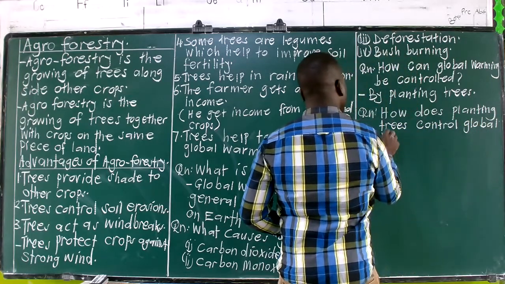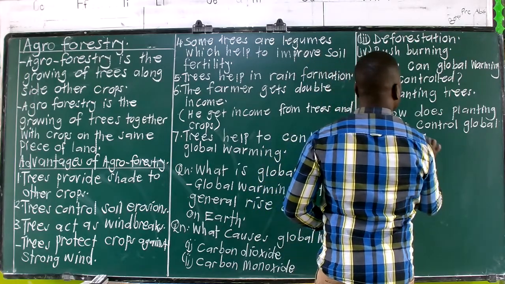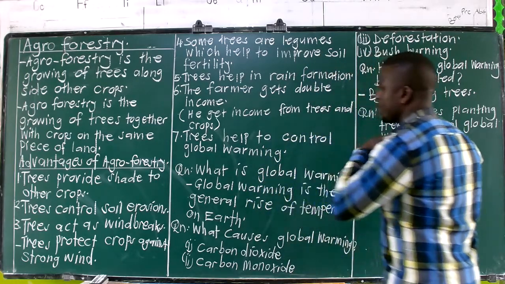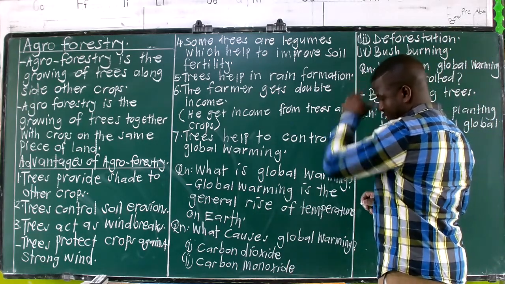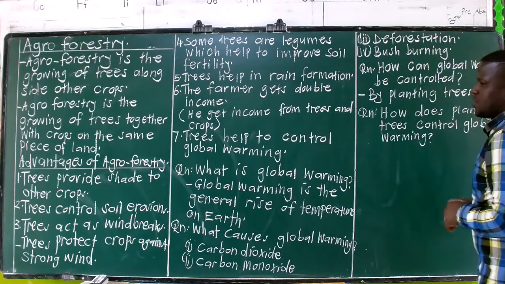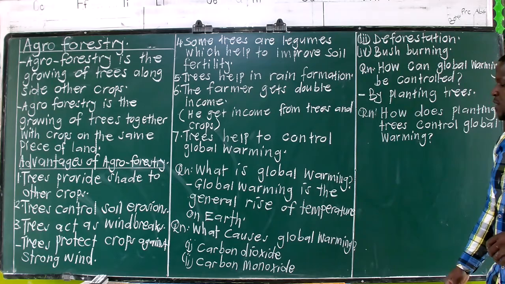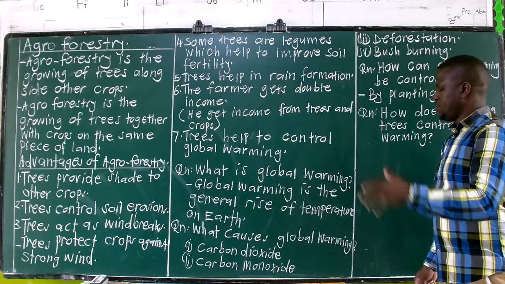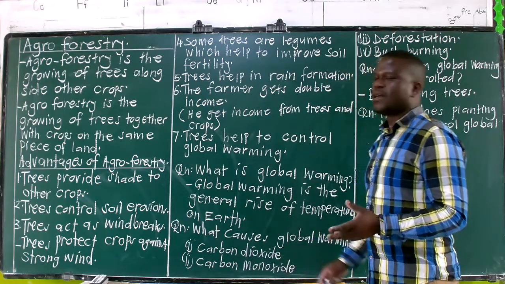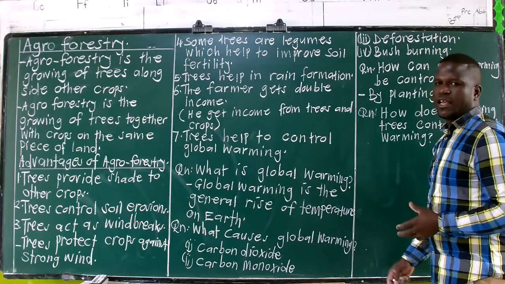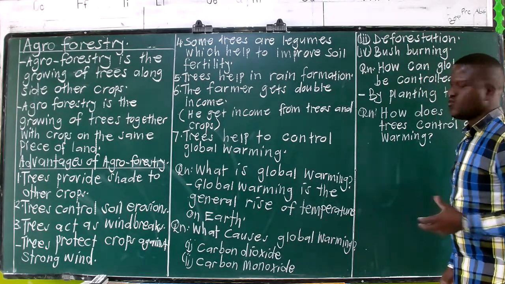Trees absorb carbon dioxide and carbon monoxide. So when trees use carbon dioxide to make food, global warming is controlled, because we said carbon dioxide is one of the gases that destroy the ozone layer to make the earth temperature rise.